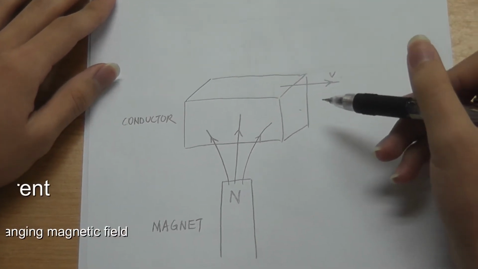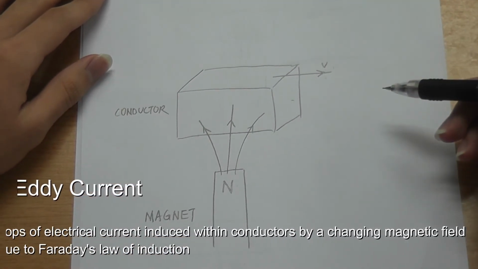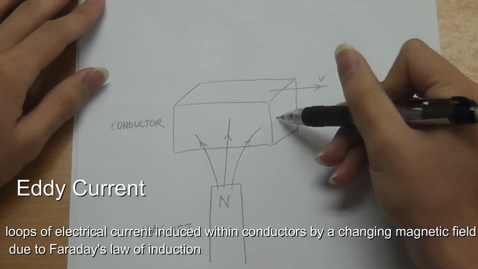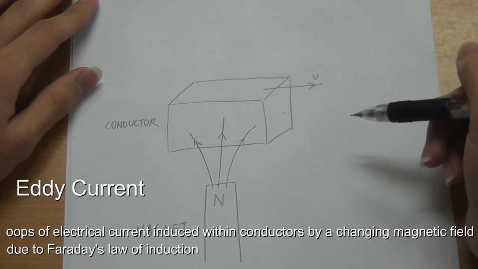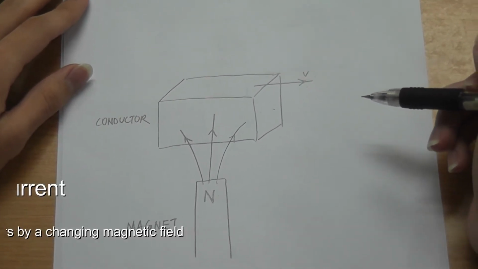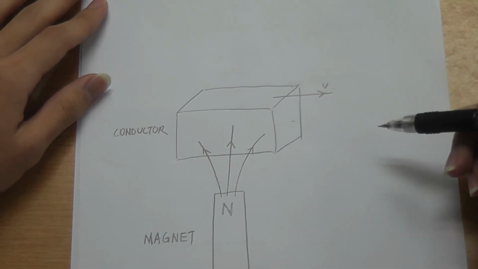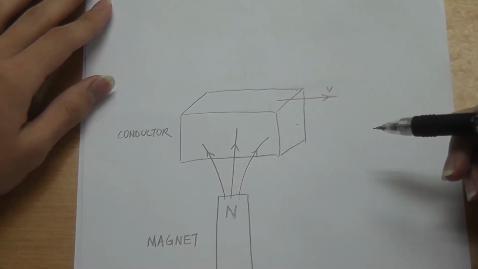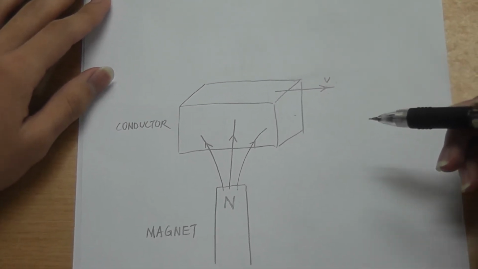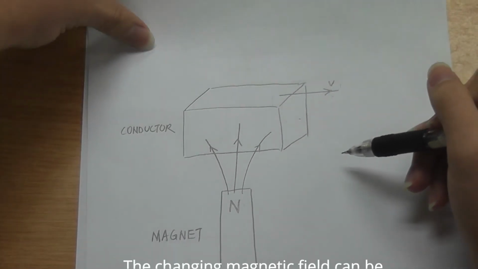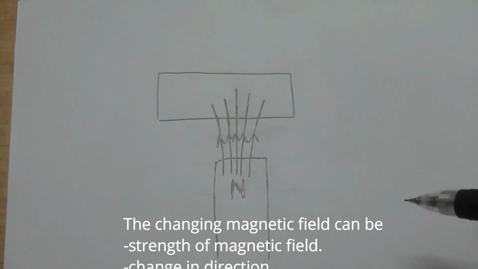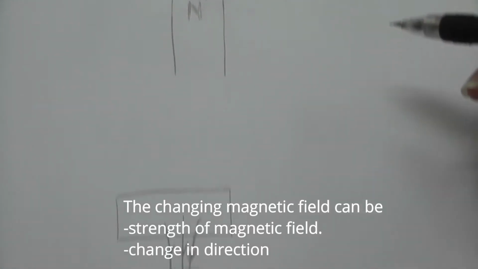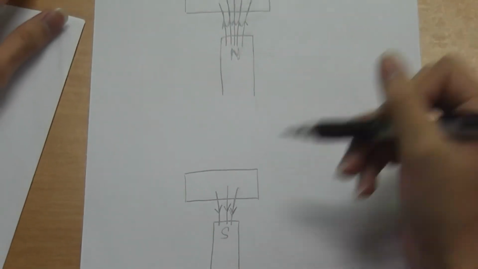Eddy currents are loops of electrical current induced within conductors by a changing magnetic field due to Faraday's law of induction. In this case, the conductor is moving across different magnetic field densities. The changing magnetic field can be a change in the strength of the magnetic field or a change in its direction.